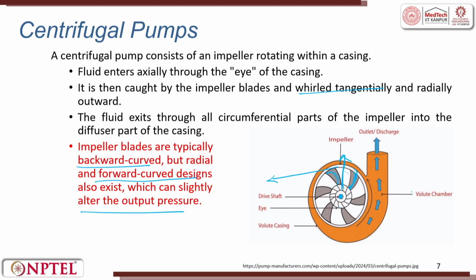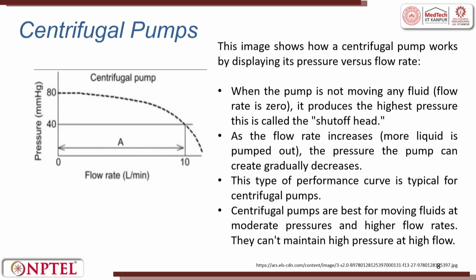So, through the volute chamber, and when the discharge happens, here you can try to still play by changing the impeller blade design. So, if you try to plot a graph between the pressure and the flow rate, as the flow rate keeps increasing, you can see here the pressure falls down.